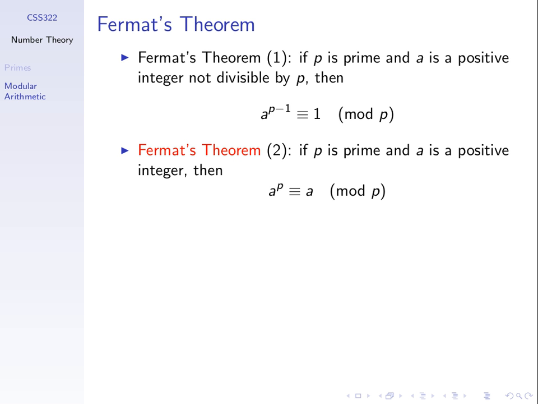Look at the theorem. a to the power of p minus 1 mod p equals 1. Some integer to the power of p minus 1, if p equals 5, p minus 1 is 4, then the theorem should hold.